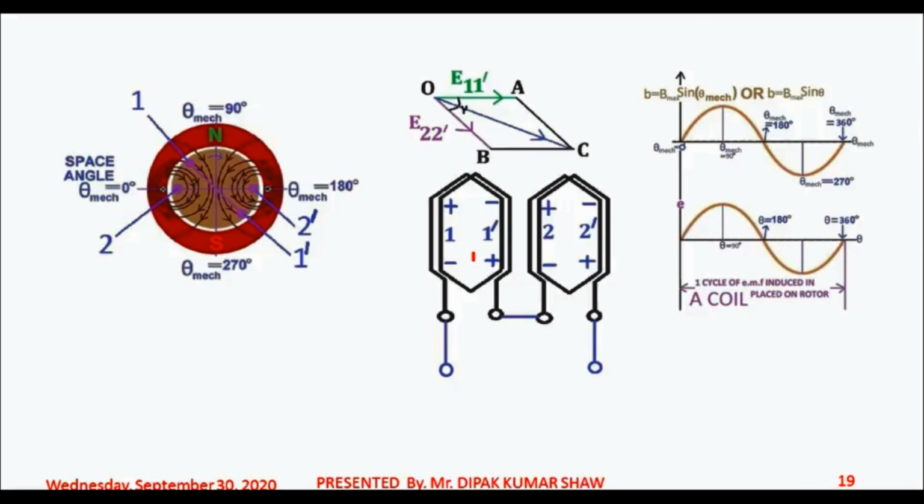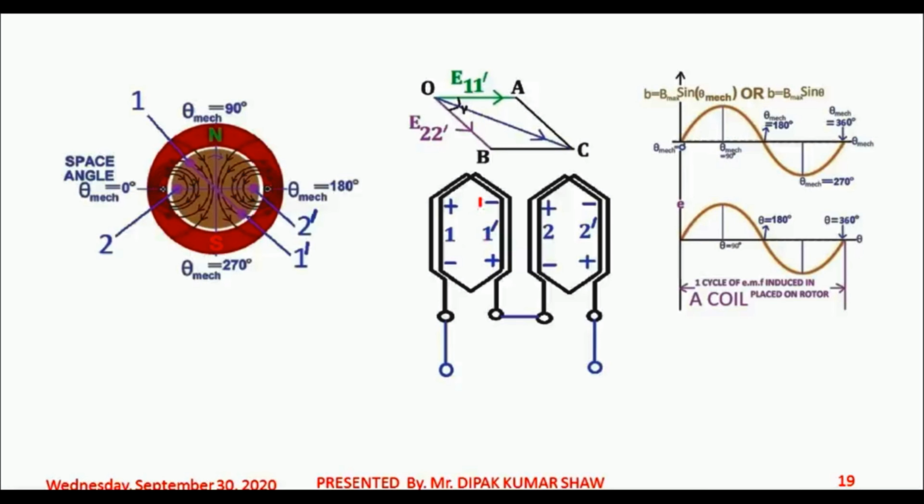Let's say, for example, the EMF induced in coil 1-1' is 10 volt. That means on coil side 1 you have 5 volt, and on coil side 1' you have 5 volt. So if you take the algebraic sum over this coil, you will see that the 5 volt on coil side 1 and 5 volt on coil side 1' are getting added up.